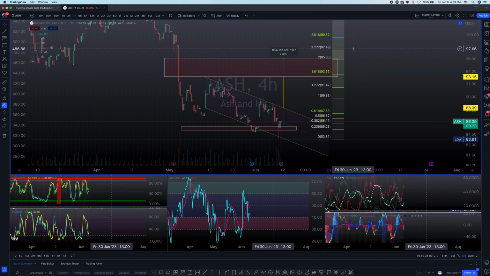For every point that implied volatility goes up in percentages, that Vega gets applied to your delta. So if your delta is sitting at 70 and you're getting a boost of 30 cents for every point of implied volatility, that adds to your options contract premium, right?